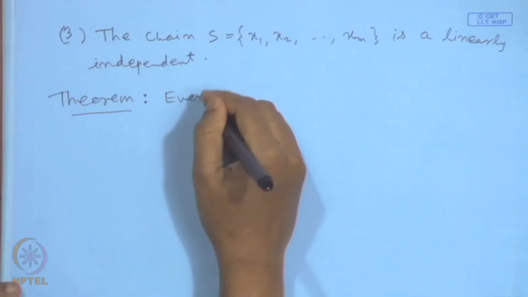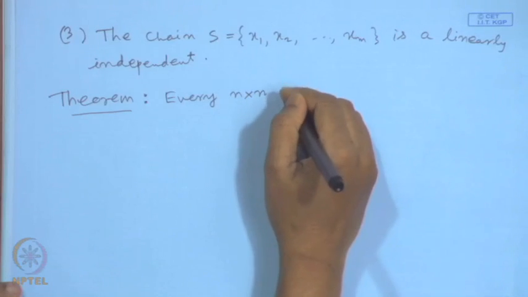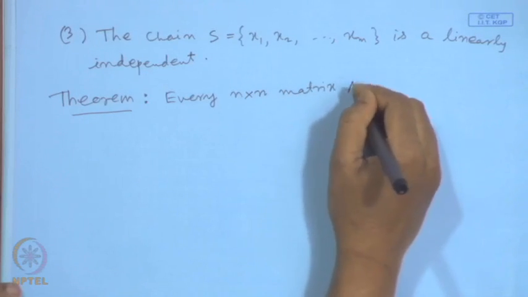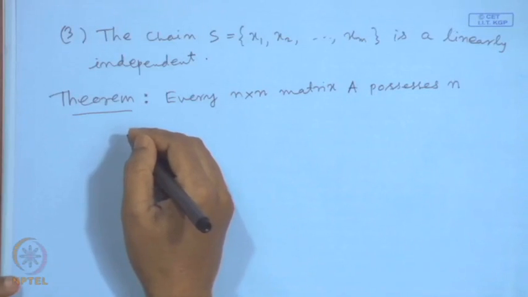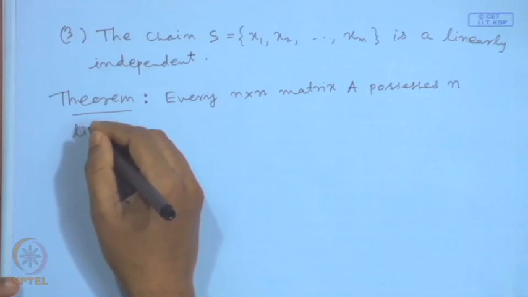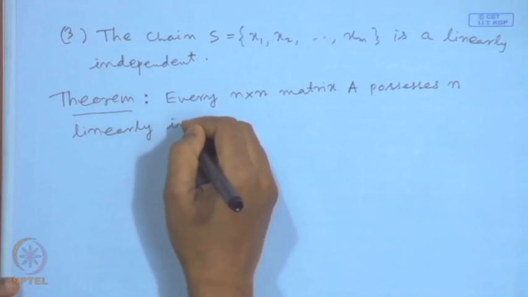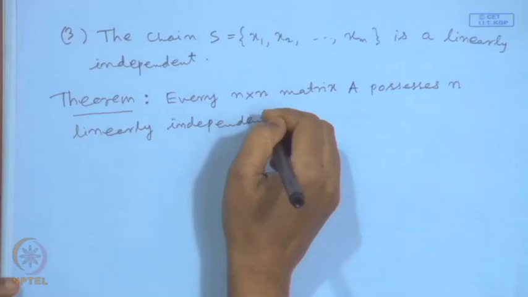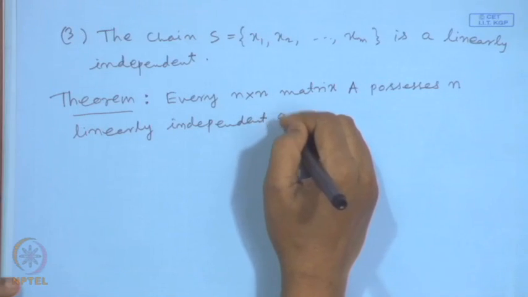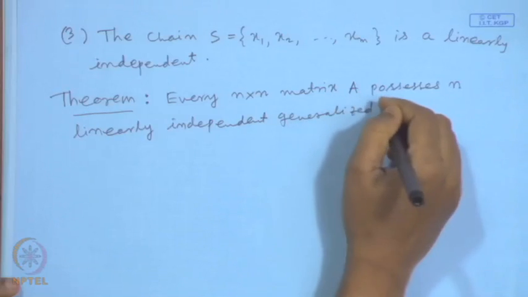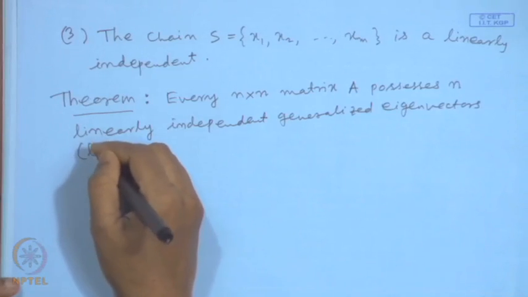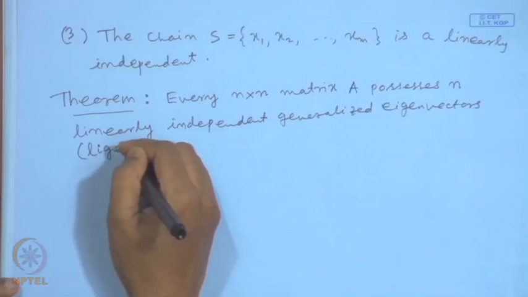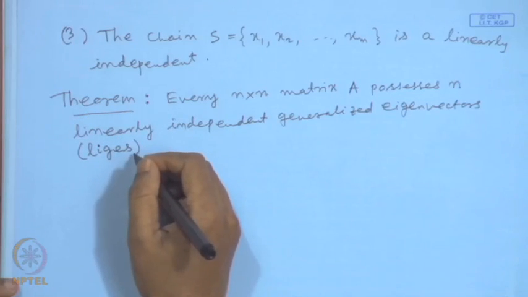It says that every n by n matrix A possesses n linearly independent generalized eigenvectors, in short form LIGEs, linearly independent generalized eigenvectors.